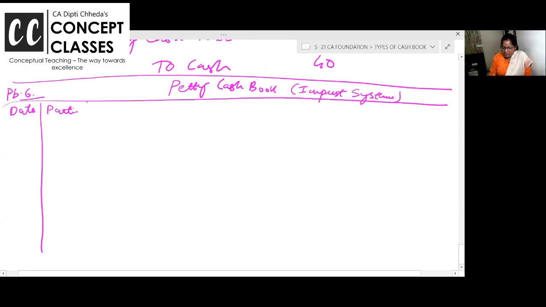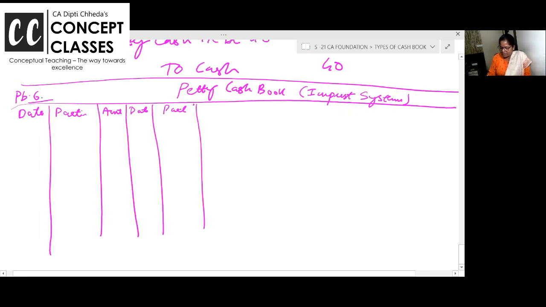Date, particulars, amount. This is the debit side. Date. This is the credit side. And if you have a voucher number, you write it. Otherwise, directly you can start writing all expenses.